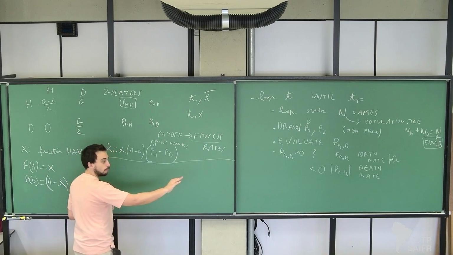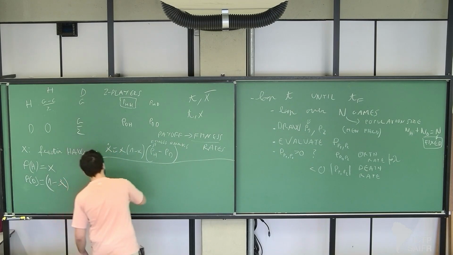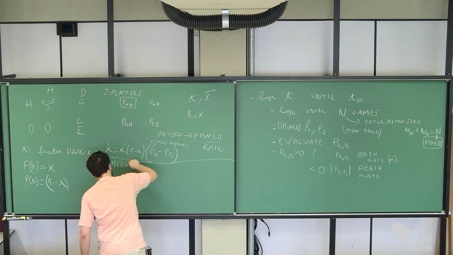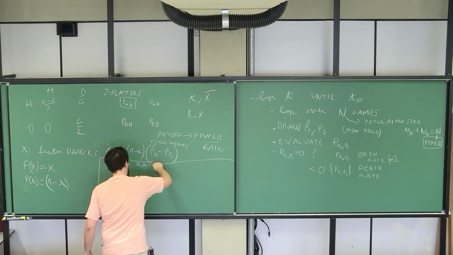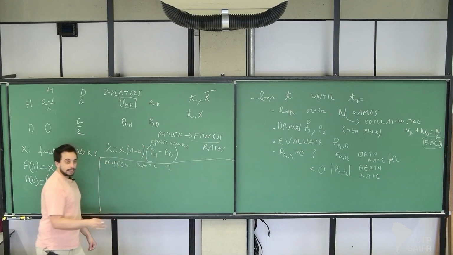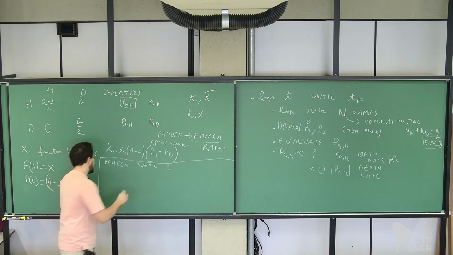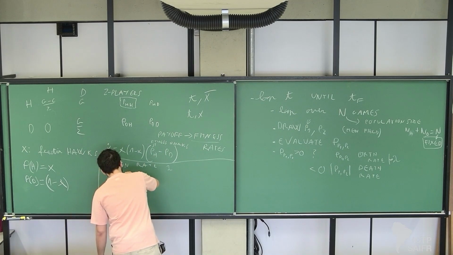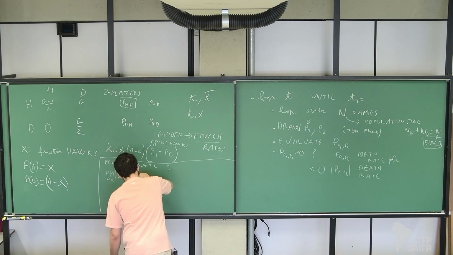Therefore, if you have a Poisson process with rate lambda, basically what you have is that the probability of drawing one event in delta t is equal to lambda times delta t times e to the minus lambda times delta t, okay?